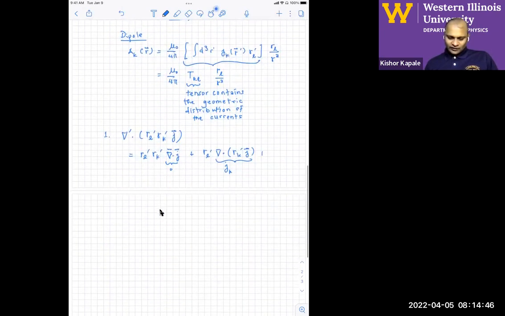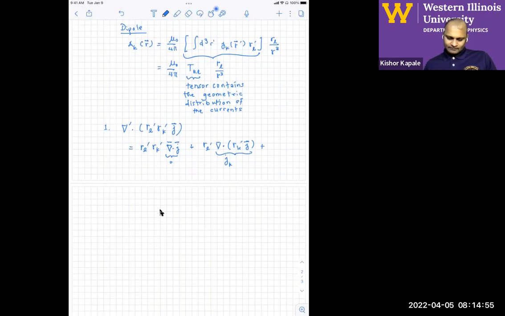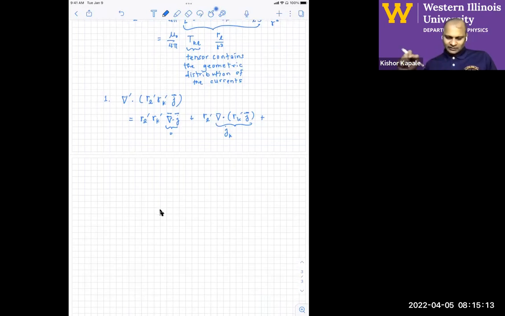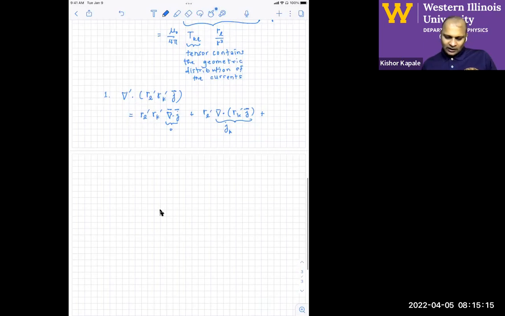And then the third term where we apply the derivative to r_l prime. So what we did here was there are three terms. First we did the derivative of J, then the derivative of r_k prime J. And then in the end, we had a derivative here.